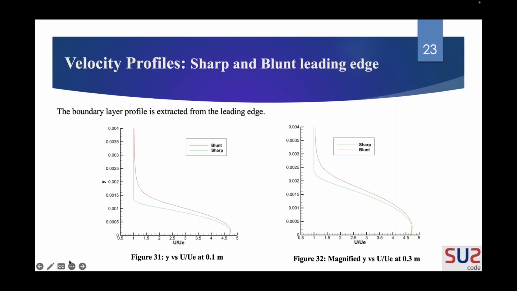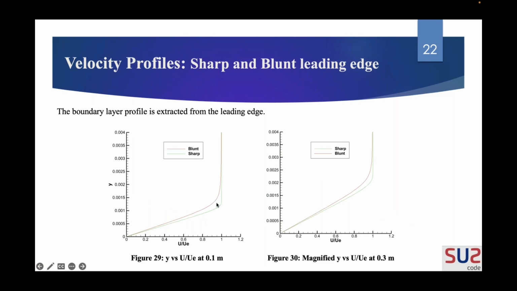Here I'm comparing the sharp and the blunt leading edge cases, how they vary with one another. As you can see, the sharp leading edge has a comparatively lower value of boundary layer thickness when compared to the blunt leading edge.